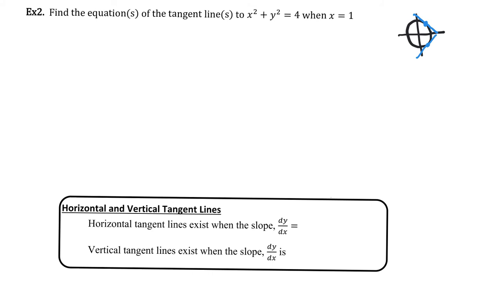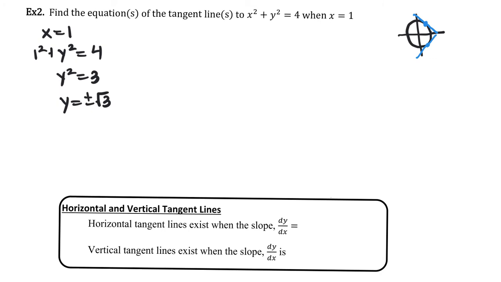Let's get the ordered pair first. When x equals 1, I get 1 squared plus y squared equals 4, so y squared equals 3, and y equals plus or minus the square root of 3. So this must be (1, square root 3), and this is (1, negative square root 3).